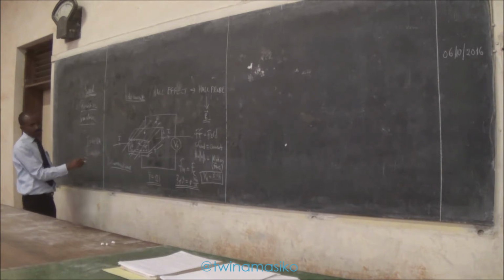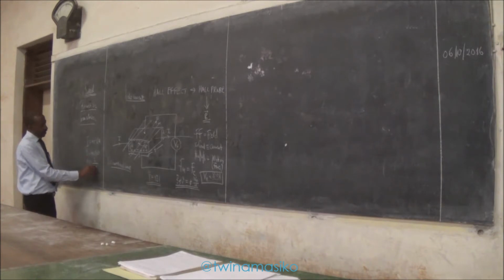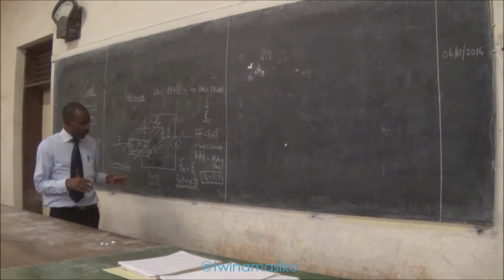Then you get your V, the drift velocity of the charge, being the same as I over nedt, and then you can substitute it in there and get using those values. But that's not the issue.